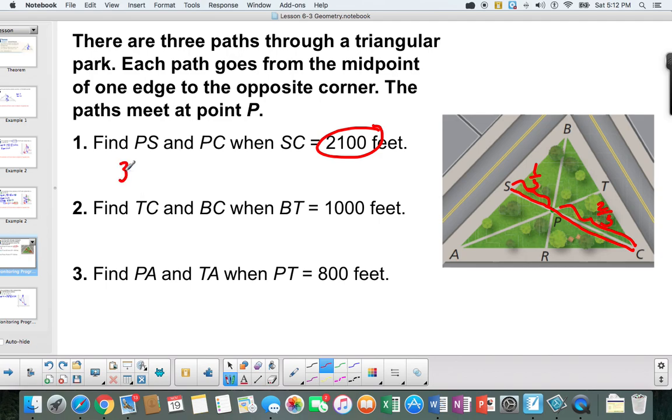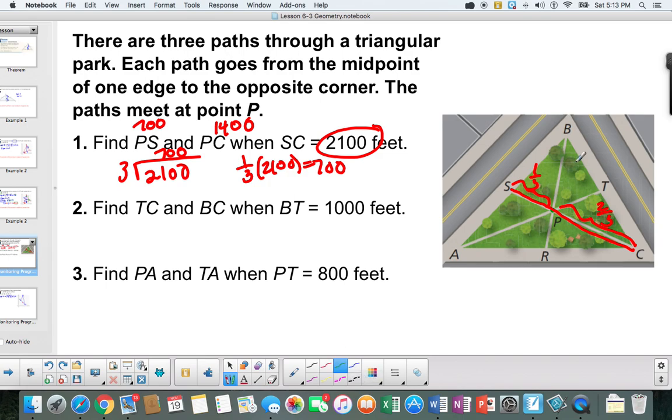So let's divide 3 into 2,100, and that'll be 700. So 1/3 of 2100 is 700. So this length right here, which is PS, is going to be 700, and then PC will be double that, 1400.